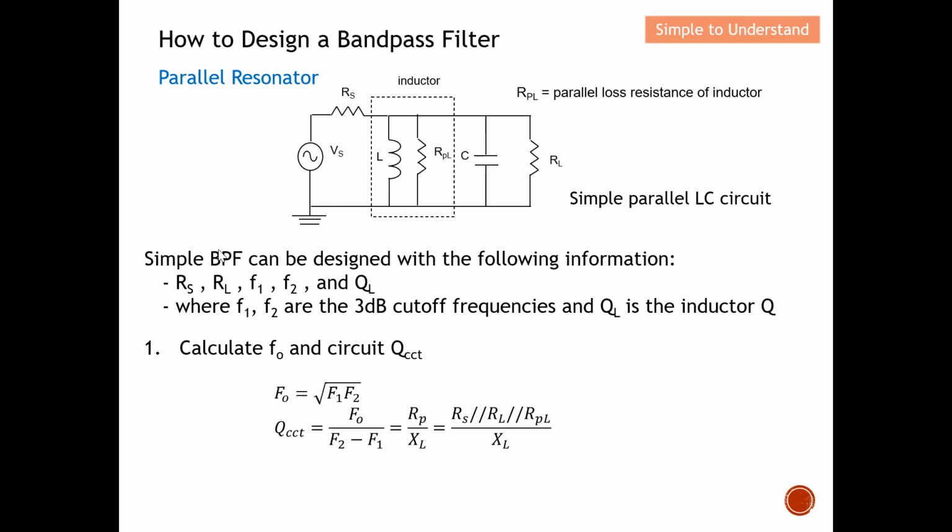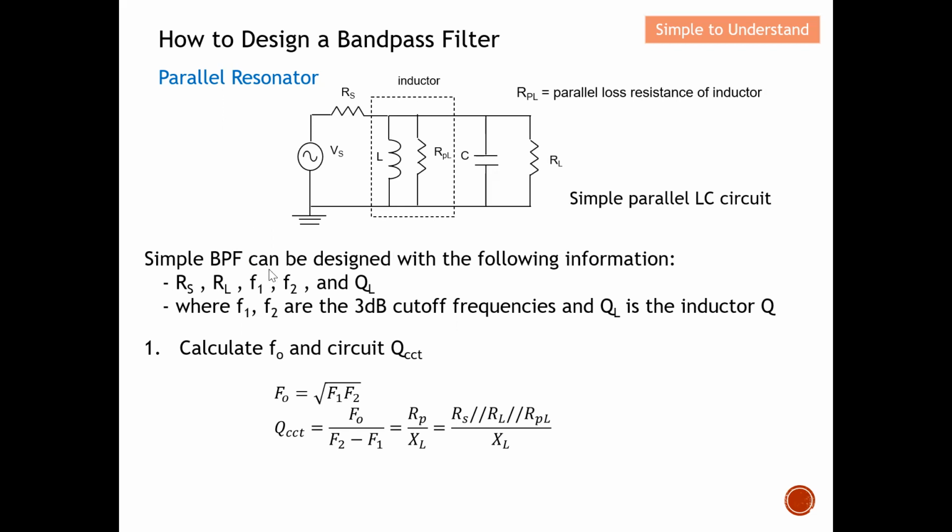A simple bandpass filter can be designed as long as we have the following information. We need the source resistor, Rs, and the load resistor. We need F1 and F2: F1 is the lower cutoff frequency and F2 is the upper cutoff frequency, which determines the bandwidth.